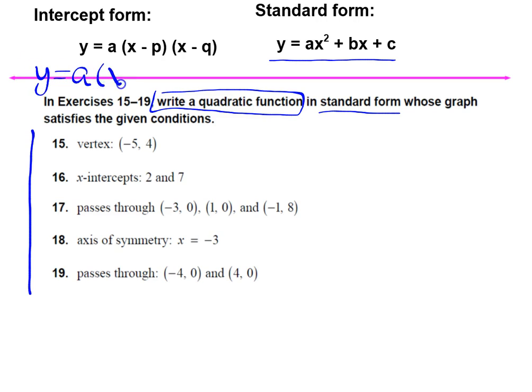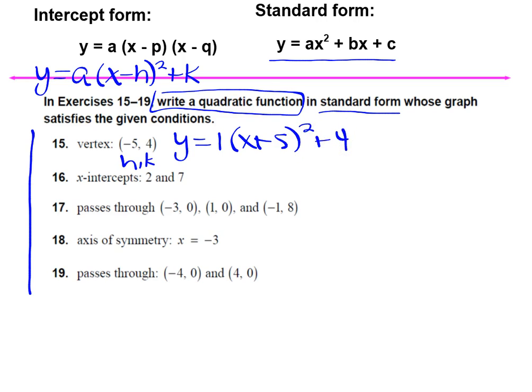y equals a, x minus h squared plus k. Remember the vertex is h and k. That's what we were practicing last time, was plugging in those values. y equals, they're not giving me an a, so I'm going to pick 1. x minus h, so that's x plus 5 squared plus k, plus 4.